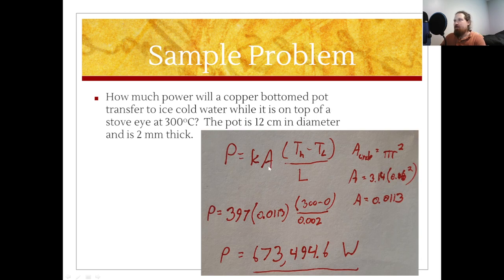A, the area term, is a little bit tricky here. Again, the bottom of the pot is a circle. It's round. And we do know the diameter of that circle, but the question doesn't specifically give us the area of the circle, unfortunately. But if we dig up a little bit of geometry knowledge, we can use the diameter to find the area of the circle.